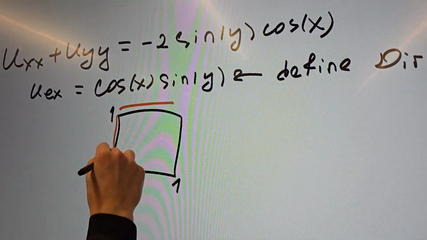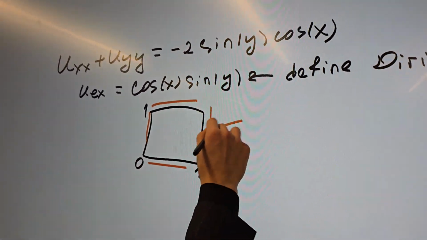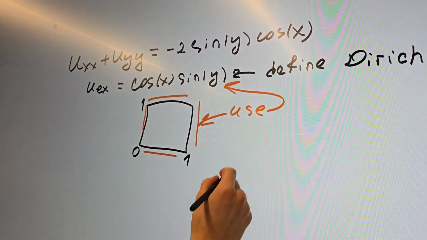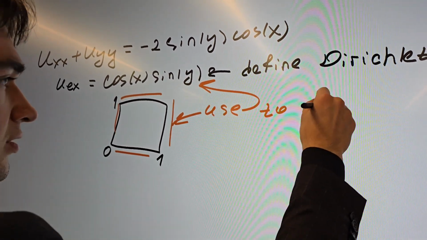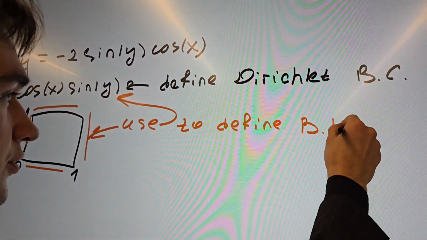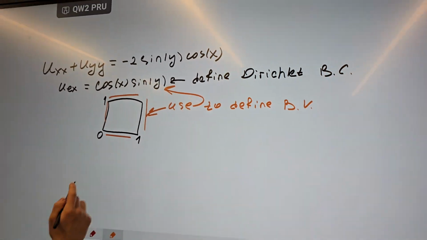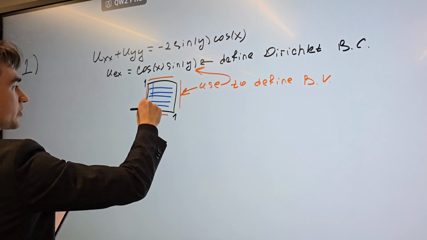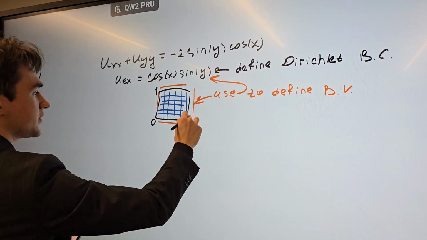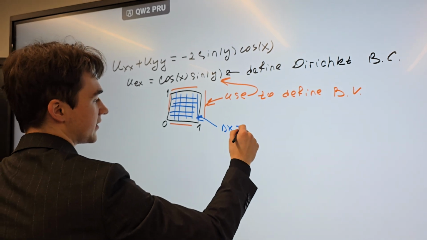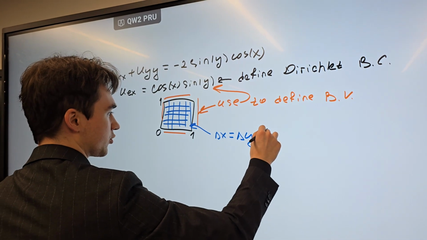And here, here, here, and here, you use this function to define boundary values. And inside the square, we have a grid with a step delta x is equal to delta y is equal to h.